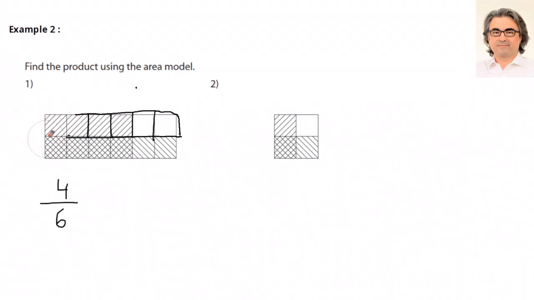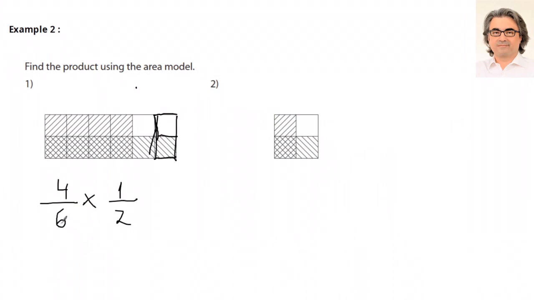What about the vertical one? The vertical one you may see from here. This rectangle is divided into 2 equivalent parts and one of them is colored. So if you represent the colored region, you should represent it with 1 over 2. You know from our previous lesson, so we are multiplying these.